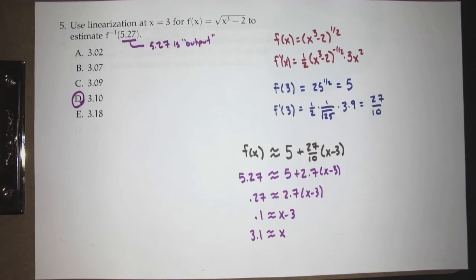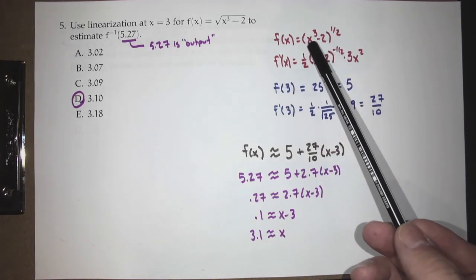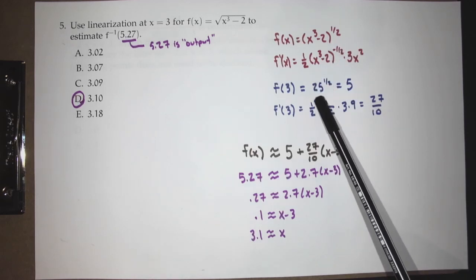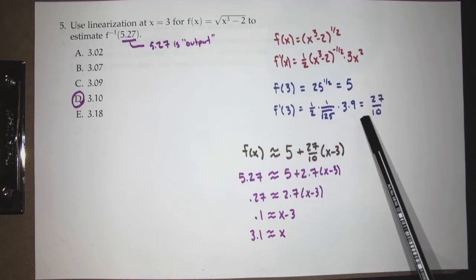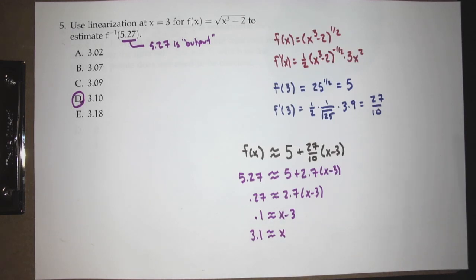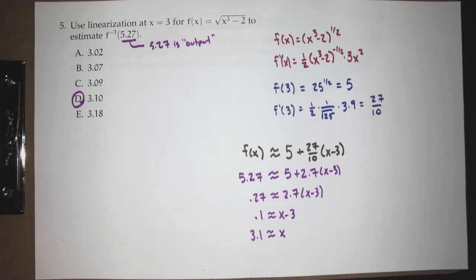All right, so here's the work. When you plug in 3, you get the square root of 27 minus 2, which is the square root of 25, which is 5. The derivative at 3 turns out to be 27 over 10, also known as 2.7. Not much you can do about that one.